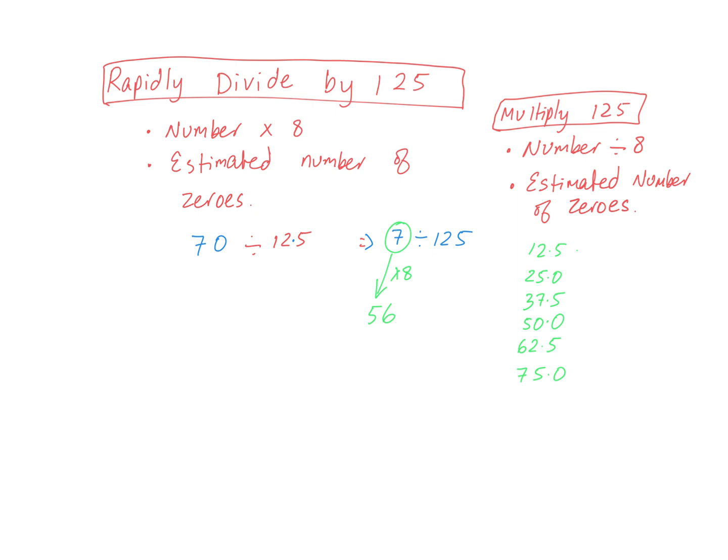Now if you look at this, this is times 1, 2, 3, 4, 5, 6. And 70 is somewhere in between over here. So what do you think we should get for this answer? 5.6.